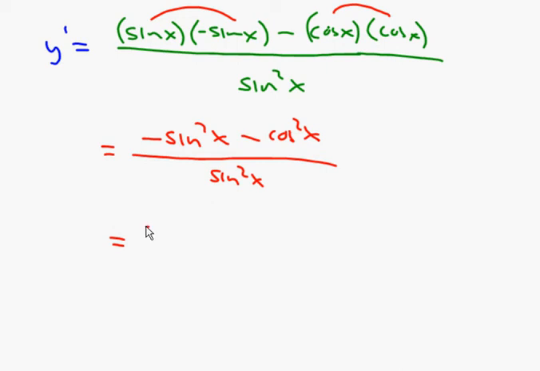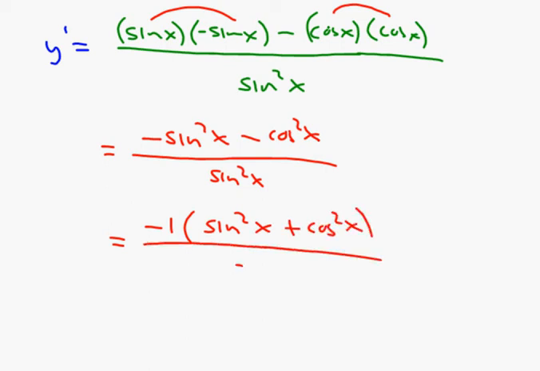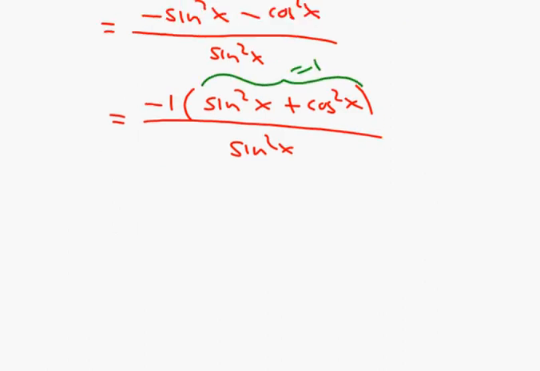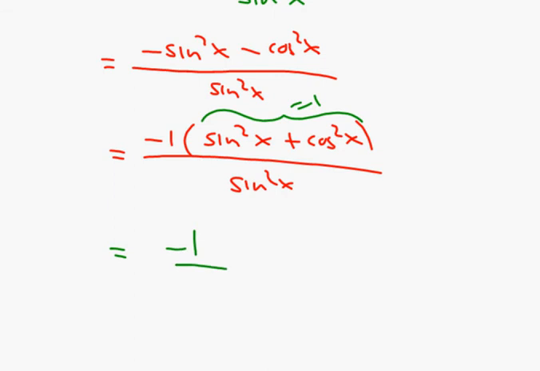So if we factor out negative 1, we end up with sine squared x plus cosine squared x. But that's what I really wanted. And happy to say that this thing here is just 1. Well, that's pretty nice. And then you end up with negative 1 over the sine squared of x. Or we can write that as negative cosecant squared x.